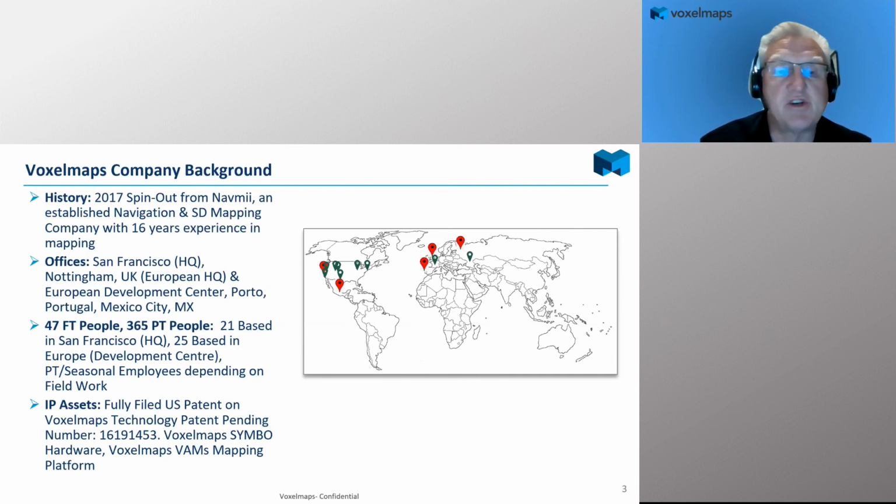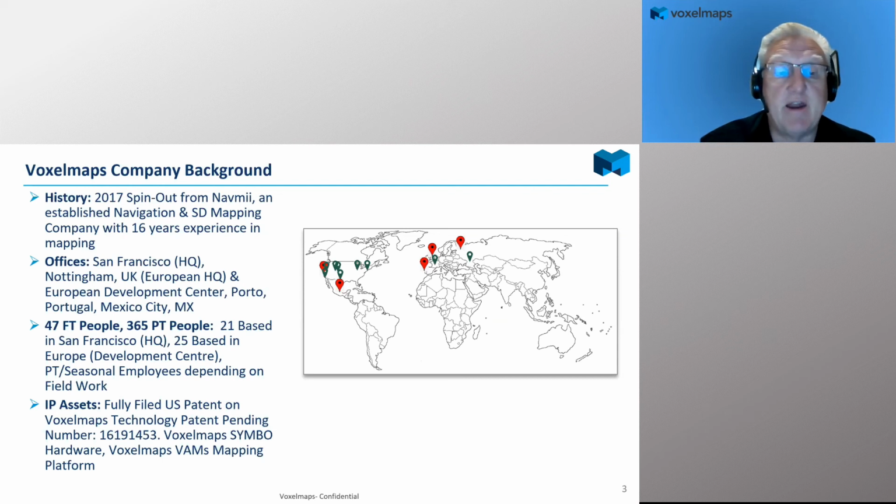So organizationally, we've got 47, it's probably in excess of 50 people full time. And then we hire a lot of employees on a part-time basis when we have field work. So like last summer, we had 365 part-time people on projects when we had a project driving across North America.